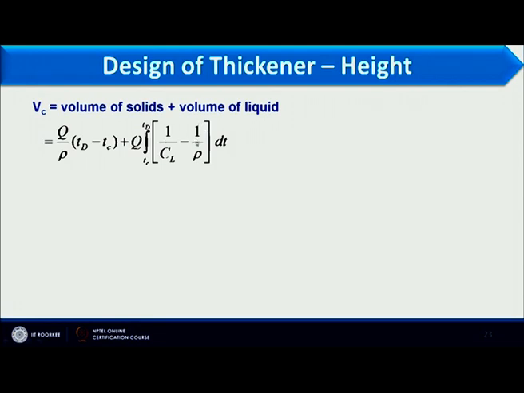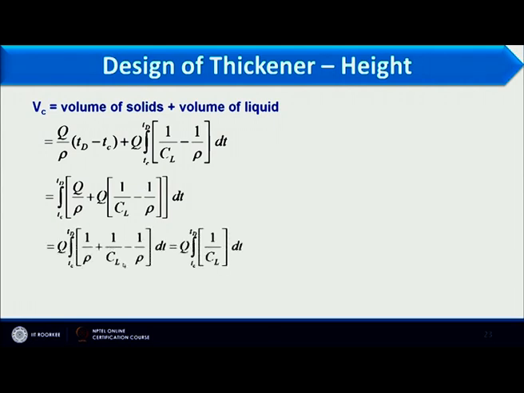So 1 minus that fraction of solid is the fraction of liquid available in the compression zone, which we have multiplied with Q and dt. After resolving this, we get Q Tc by Td, 1 by rho plus 1 by Cl minus 1 by rho, dt. 1 by rho will be cancelled out. So the final equation would be Q integration from Tc to Td of 1 by Cl dt.